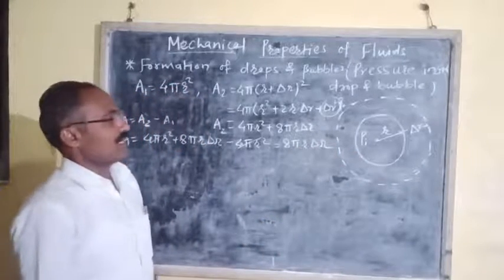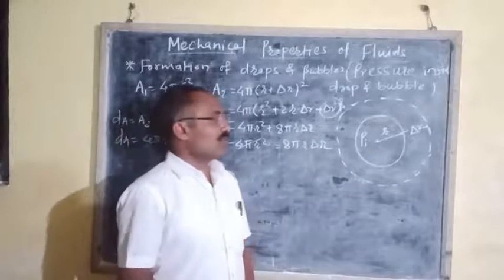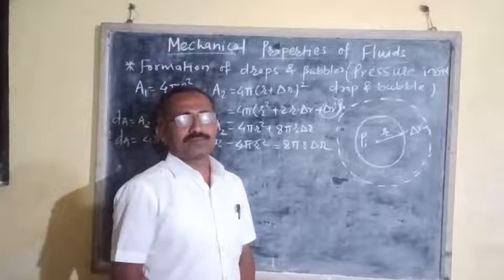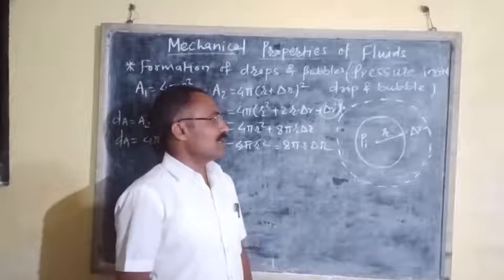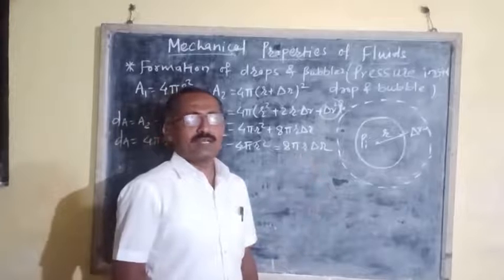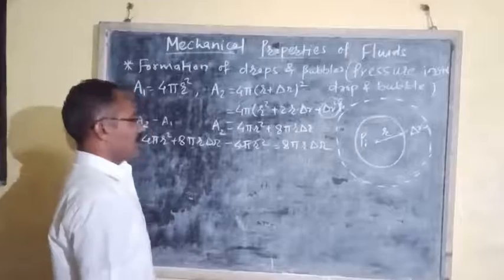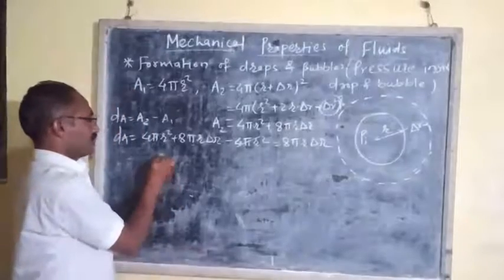As there is a small change in surface area, work will be done by the drop. If T is the surface tension of the liquid drop, then the work done is given by dW is equal to T into dA.